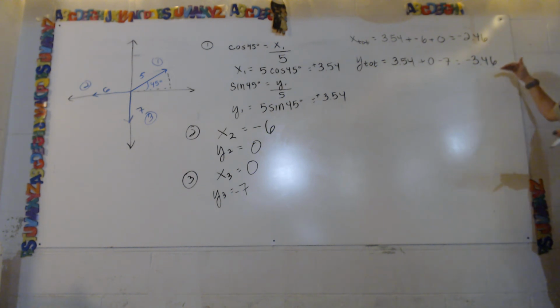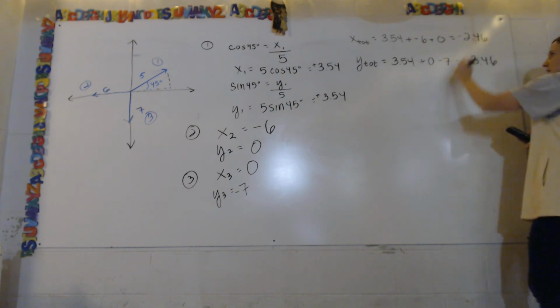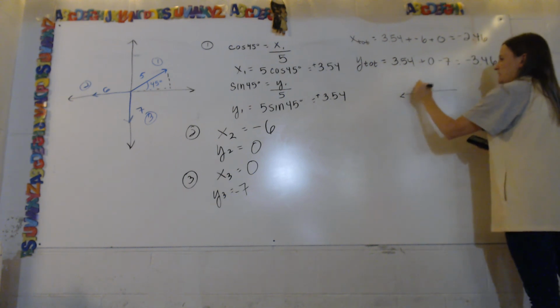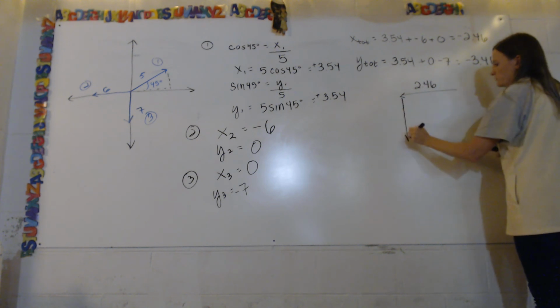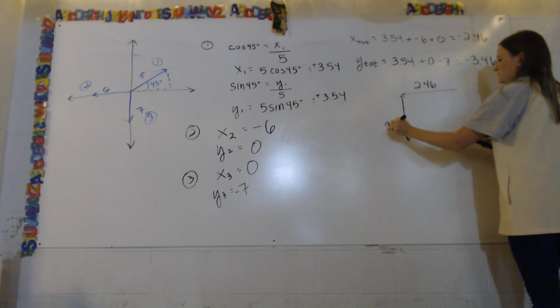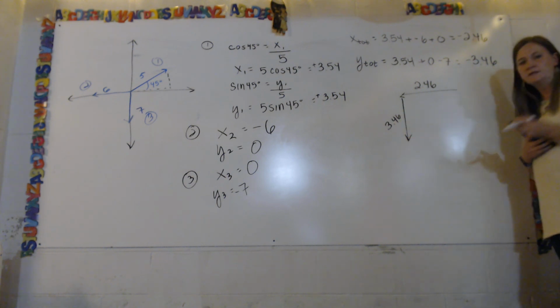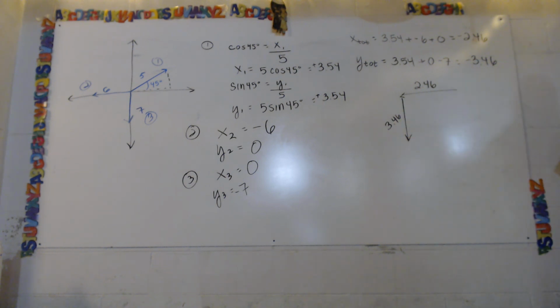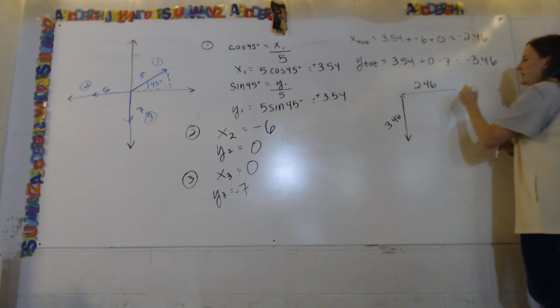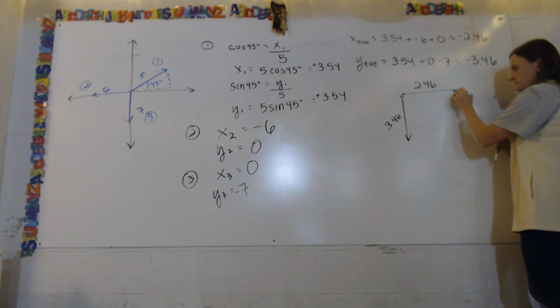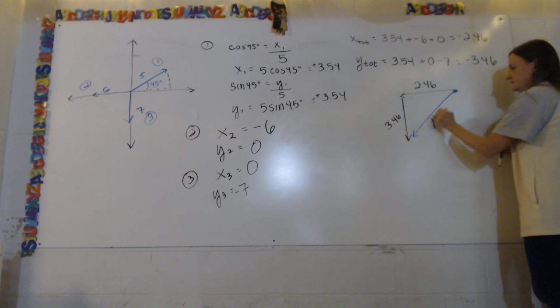Okay, so I have my x total, my y total, and my final step is to take these two, draw them head to tail, and find my resultant. So my x is pointing left, which makes it negative. My y is pointing down, which also makes it negative. And so if I'm going to find the resultant of that, I start, excuse me, at the tail of the first, point to the head of the last.